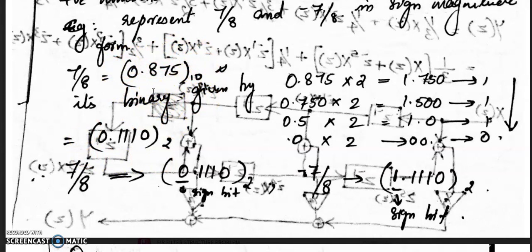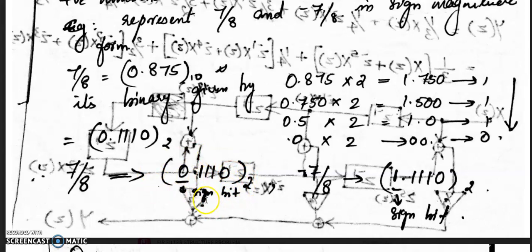Now this is positive 7 by 8. How will you represent it? The MSB is this bit, and since this is a positive number, the sign bit will be 0: 0.1110.